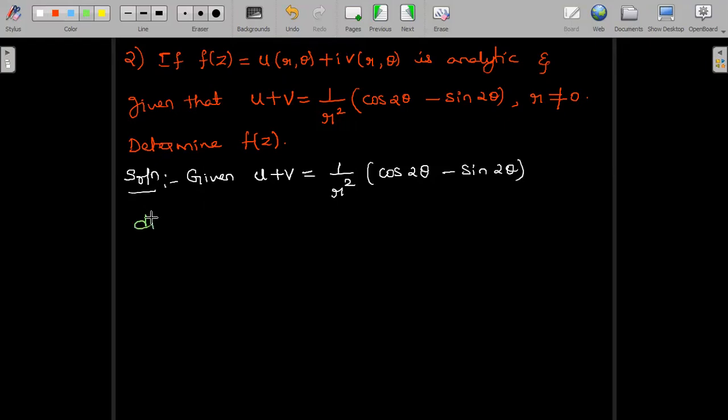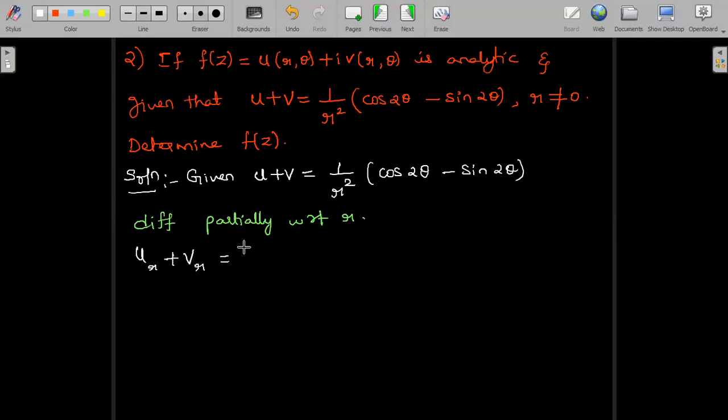So differentiating partially with respect to r, what do we get? ur plus vr is equal to, differentiation of 1 by r square is minus 2 by r cube. And we have to retain the theta term as it is, means cos 2 theta minus sin 2 theta. This is ur plus vr.